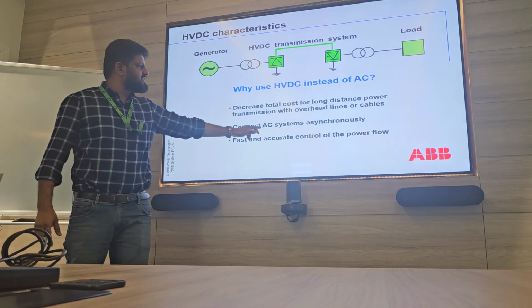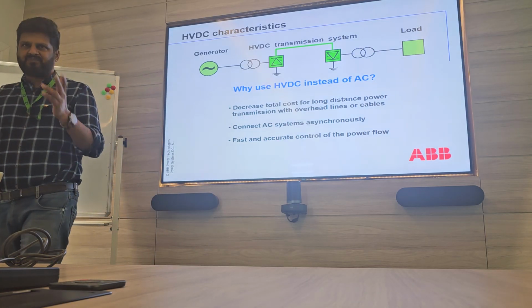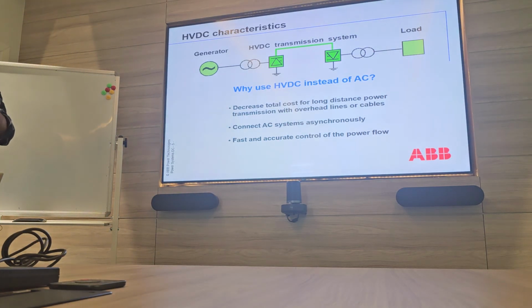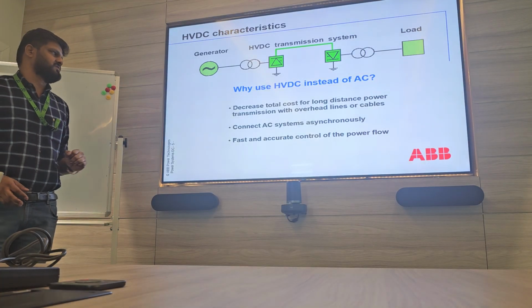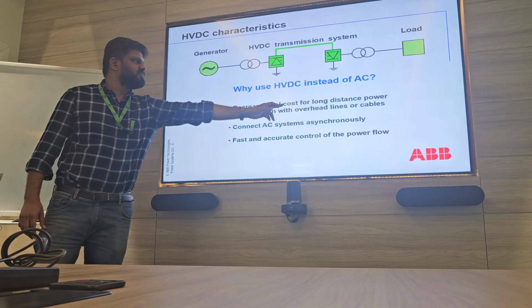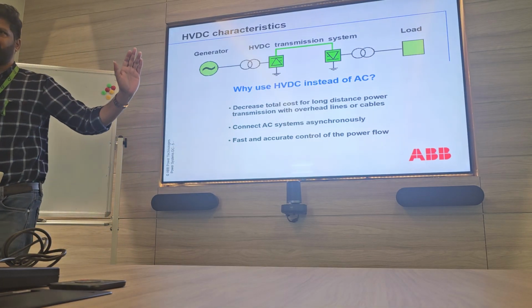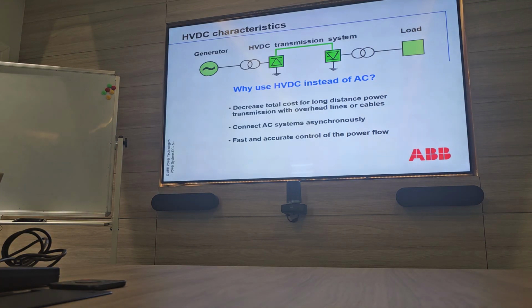And it can connect AC systems asynchronously. You know asynchronous, correct? Different frequency, different voltage, different phase angle. So by using HVDC, we can connect asynchronous systems. Also there is fast and accurate control of power flow. So we can easily control power flow using HVDC systems. I will show you that in the next slides.